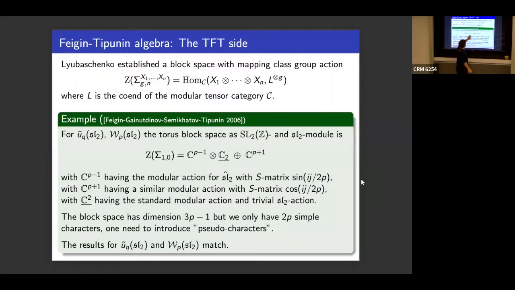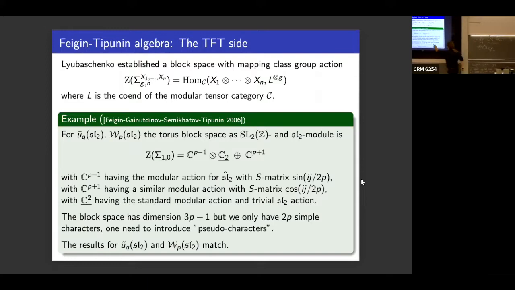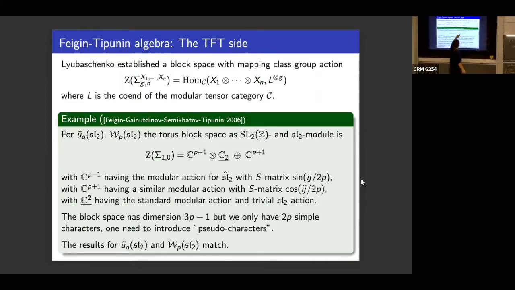What this decomposes into is the work by Azad and other people, as you see in these initial papers: there is a p-dimensional representation, which comes from this S matrix. So that's basically SL2 affine. And then there is this two-dimensional guy, which has trivial SL2 action and the standard SL2Z action.